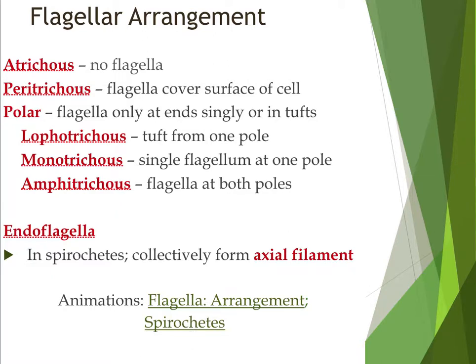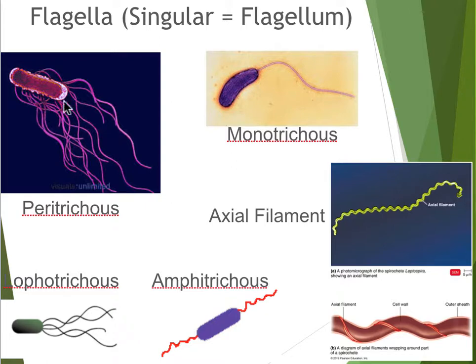And if you'll take a look at these animations, you'll see what that looks like. Also, I have some pictures here showing you peritrichous, where the flagella are around the surface of the cell. Here's monotrichous, where it is polar and there is a single flagellum from one pole. This is lophotrichous, where the flagella arise from one pole and there are many, and amphitrichous, where there are flagella from both poles.